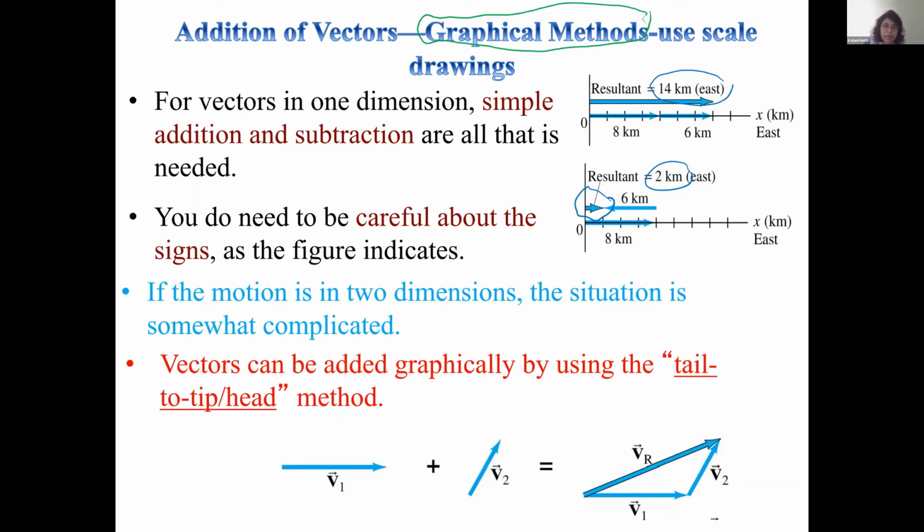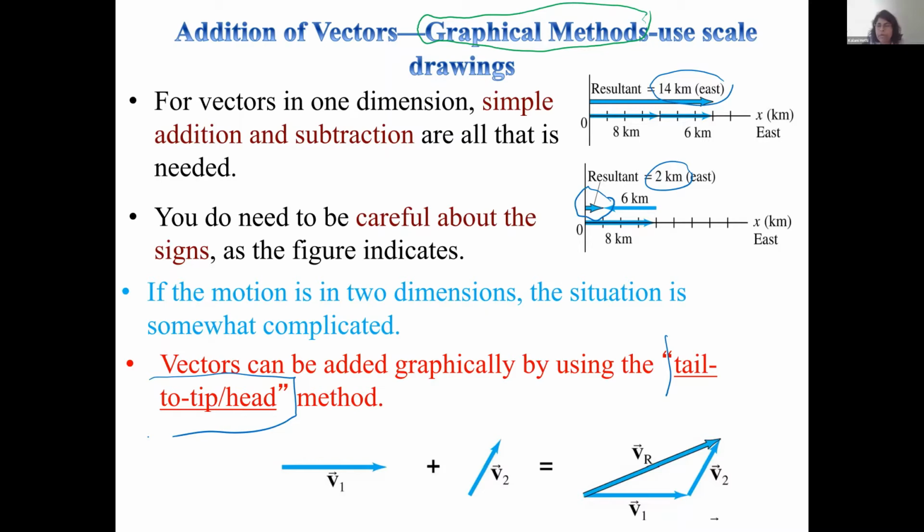Say I have a vector v1 and vector v2, and I need to add these two using the graphical method. Sometimes people call it the tail to head method, or tail to tip method. The only thing you need to understand is that you can start with your first vector or the second vector. It doesn't matter which. The only thing that matters is you follow the rules.